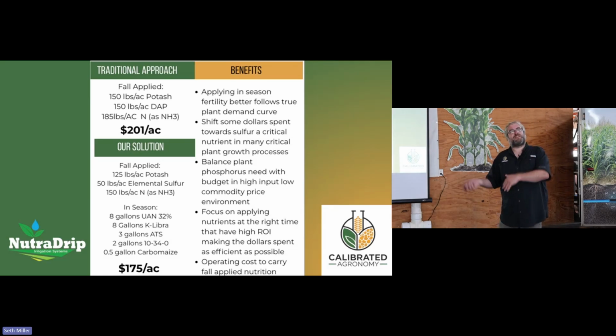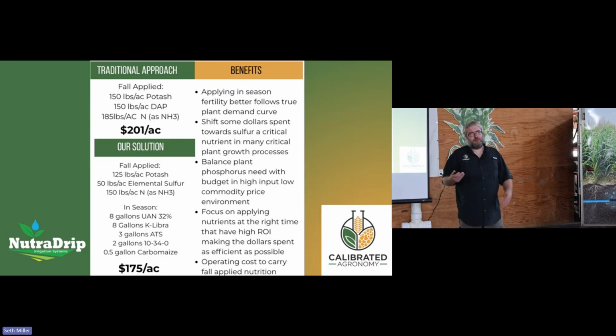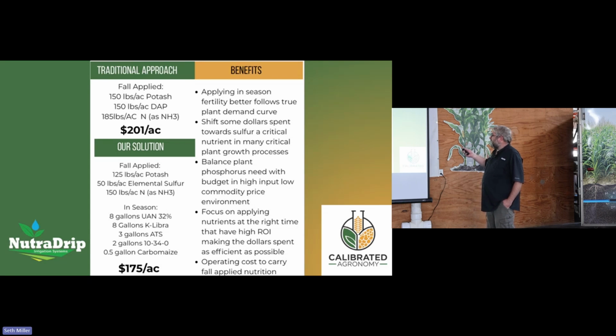We need to address that when we irrigate, but it's expensive to put on. Because we know our area of Illinois real well, we know that we have a lot of good phosphorus supplying power in general, and a lot of fields are built up good. So this is how we would change our approach: we're pulling back on our DAP, going to an in-season application, which is about as close as we can get to fertigation.